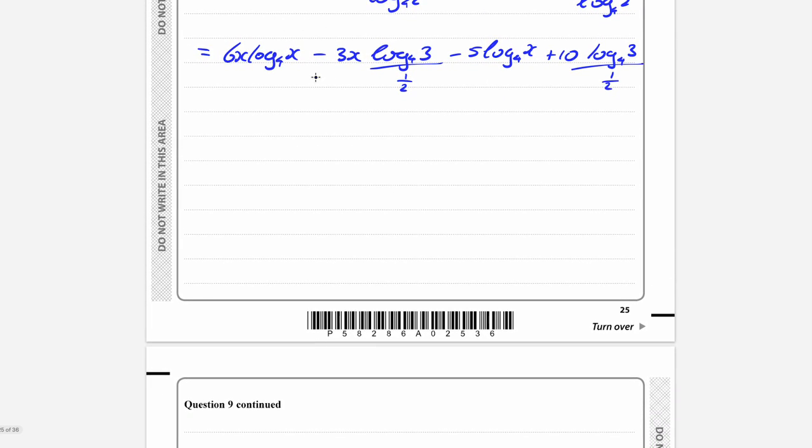So this becomes 6x log x base 4 minus, now if we divide by a half, this is the same as multiplying by 2. So this becomes 6x log 3 base 4 minus 5 log x base 4, and then this is plus 20 log 3 base 4, because I'm flipping the half, so multiplying by 2.